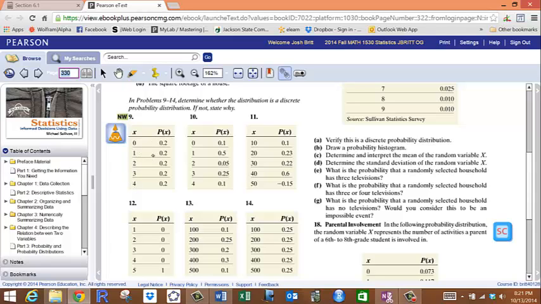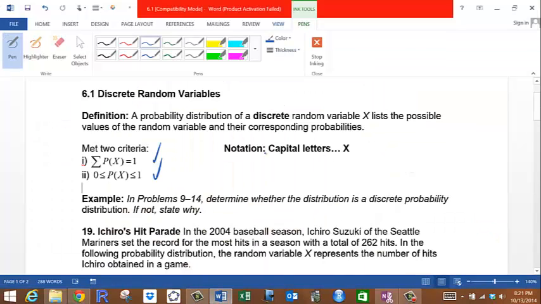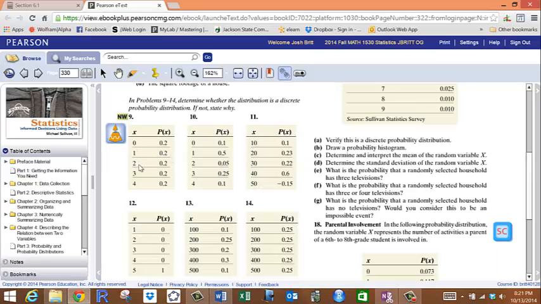For that question, we might say the probability that x takes on the value of 0 is equal to 20%. And that's the same for 1, 2, 3, so on and so forth.